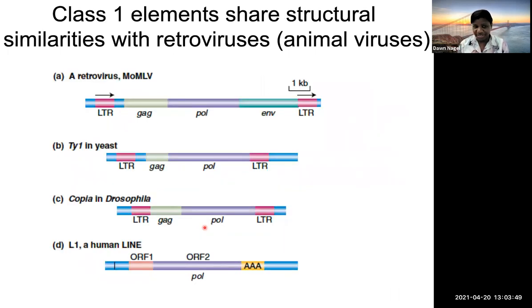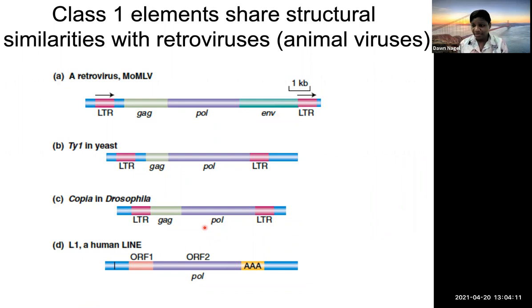It's like a chicken and egg question actually, but one hypothesis is that these transposable elements at some point might have evolved or got integrated from viruses, right? We get infected by viruses all the time, by retroviruses.